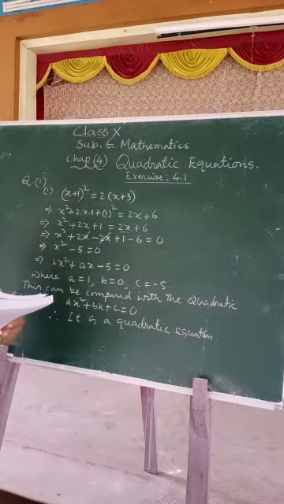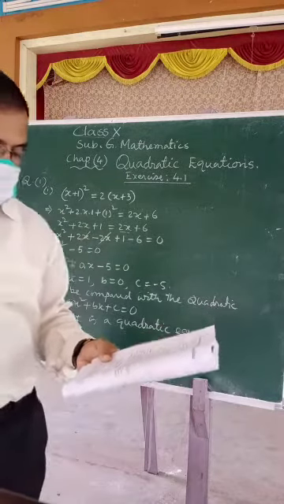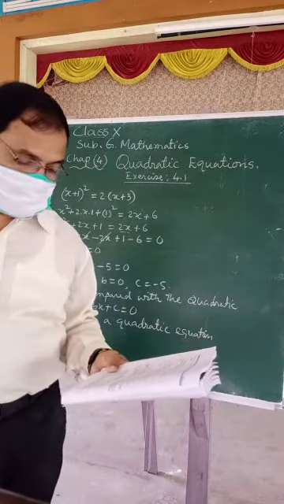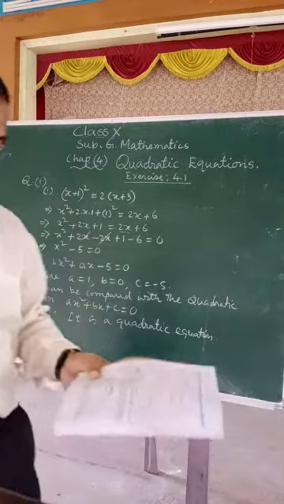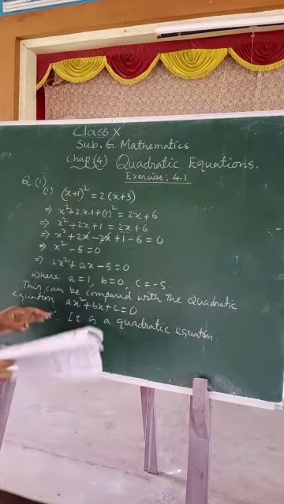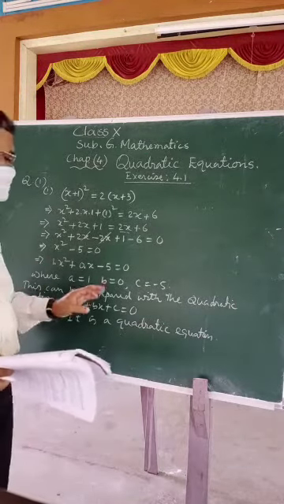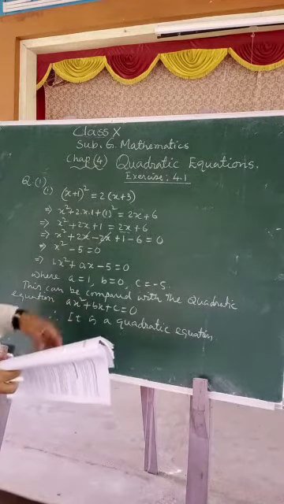Similarly, you can also find number 2: x square minus 2x equal to minus 2 multiplied by 3 minus x. Let's simplify and transform it into the standard form of the quadratic equation.